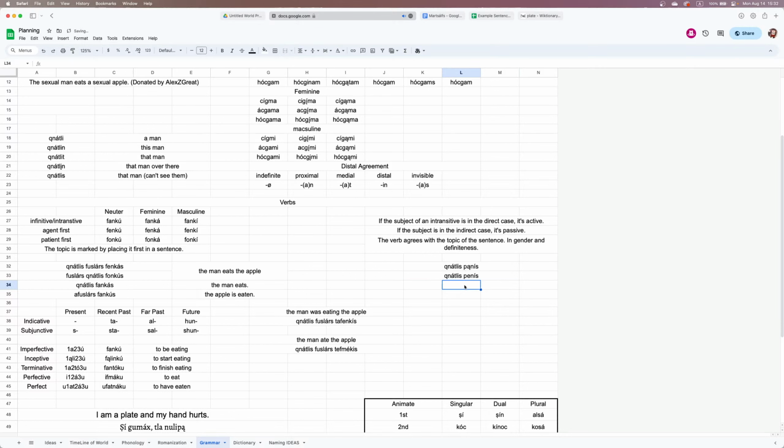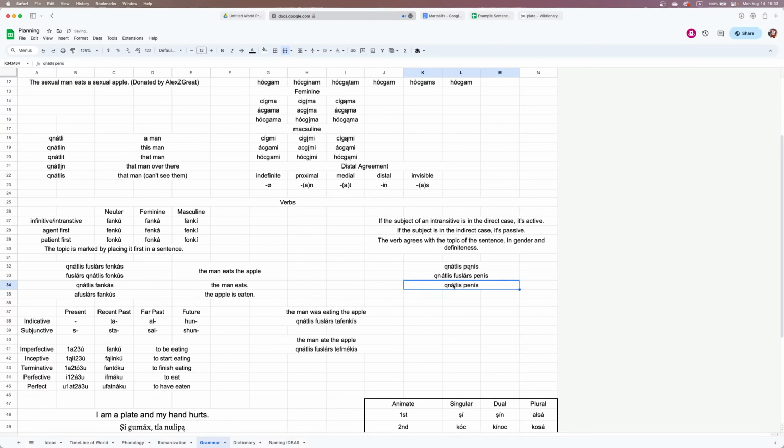But now all of a sudden it's not that the man himself is hurting, the man is hurting something else. And if we make this patient Huslars.